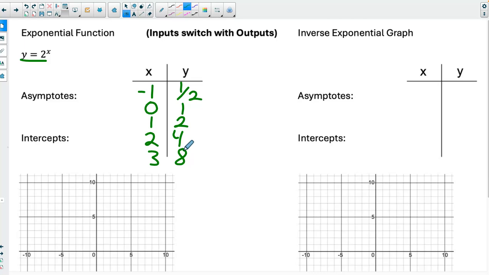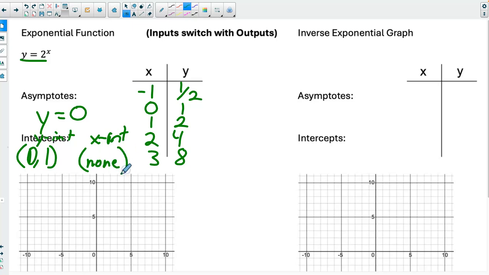What was our asymptote for this? 0, but what letter? Y equals 0. Good, so y equals 0. In terms of our intercept, we had an intercept of 0, 1, our y-intercept. For our x-intercept, we did not have that. We just simply had none. Graph it. And we're going to compare these things momentarily.